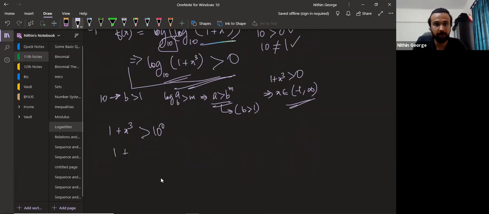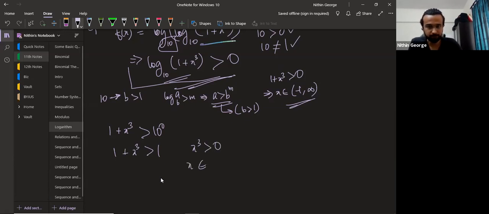So here you get that 1 plus x cube is greater than 10 power 0. 10 is greater than 1, so the sign remains the same. 1 plus x cube greater than 1, so x cube greater than 0. What can you say about x? Between 0 to infinity.